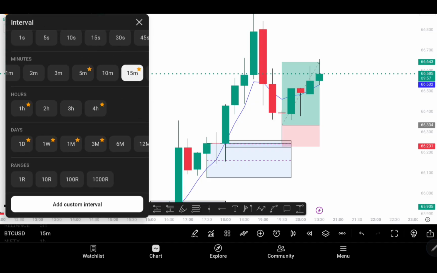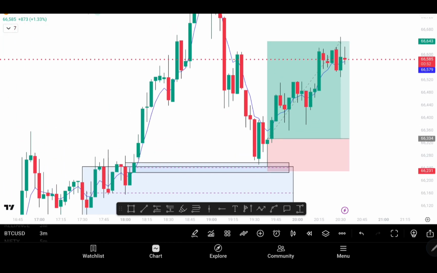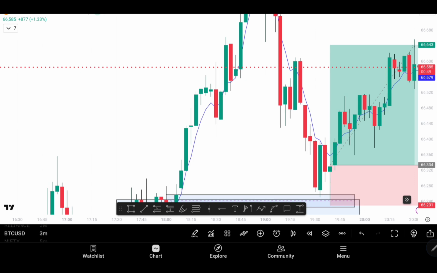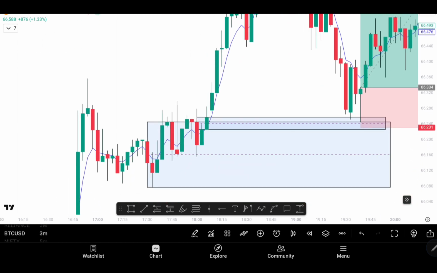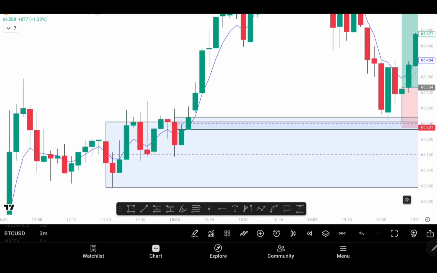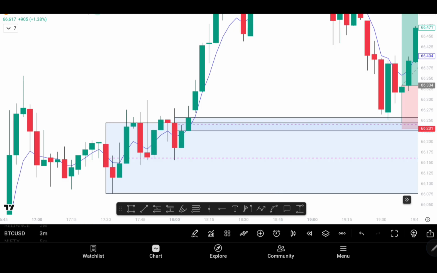Then switch to the lower time frame. Our lower time frame will be 3 minutes as per rules. If you see, there are multiple demand zones over here, but we will consider only the one that is coinciding, or at least near this higher time frame demand zone.